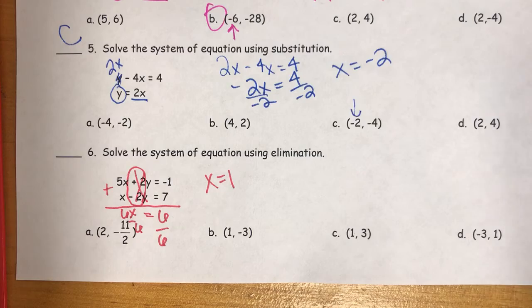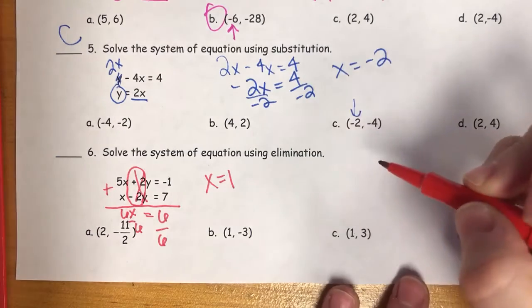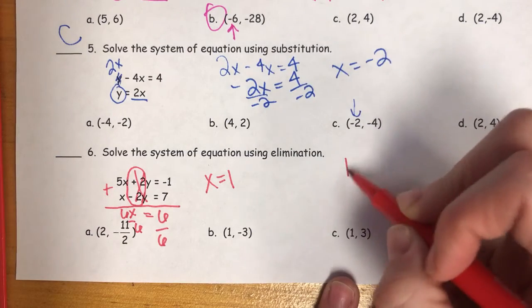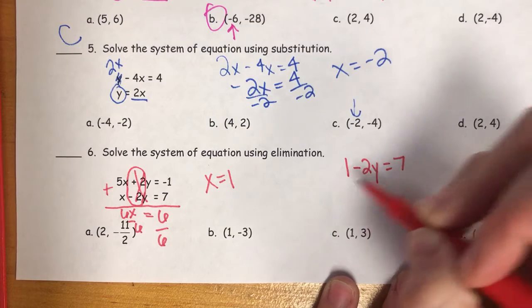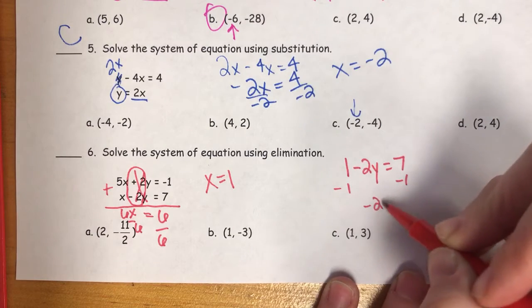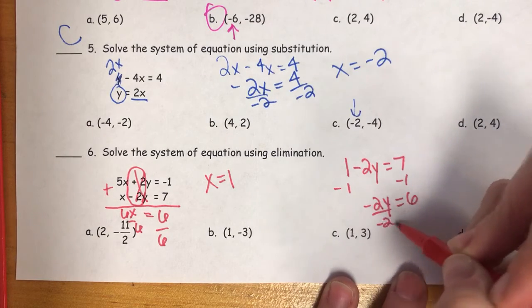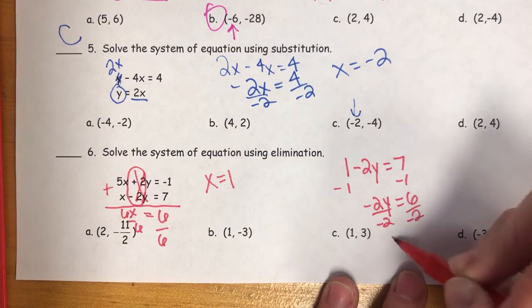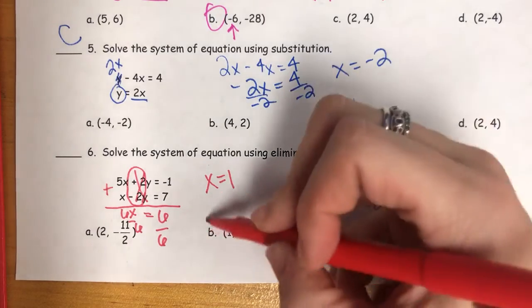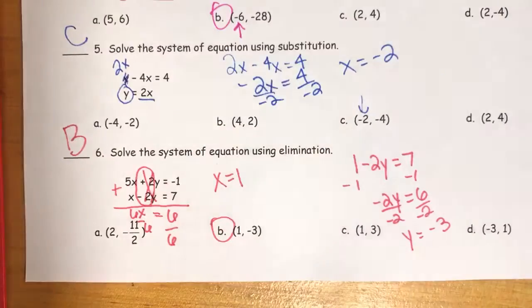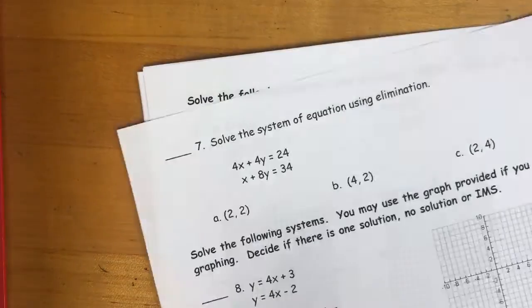So I'm going to plug into the bottom equation. So instead of saying x minus 2y, I'm going to say 1 minus 2y equals 7. -2y equals 6. We'll get y equals -3, and so our answer will be B. 1 comma -3.